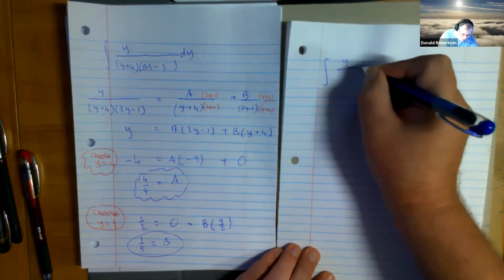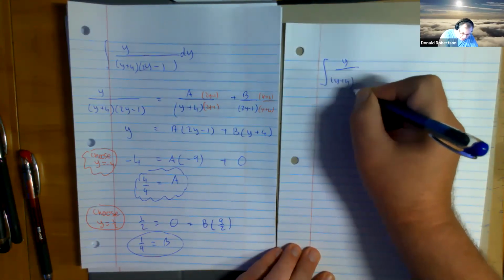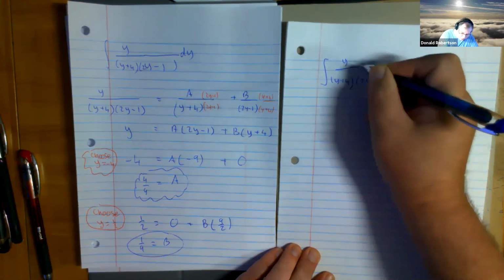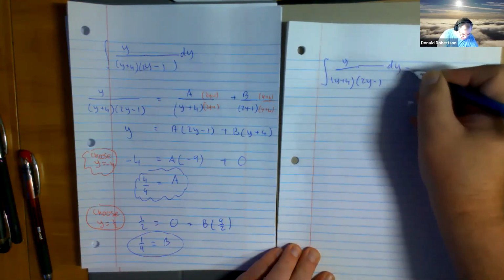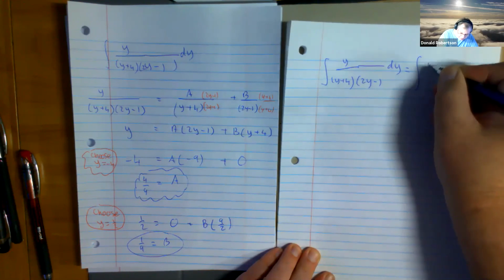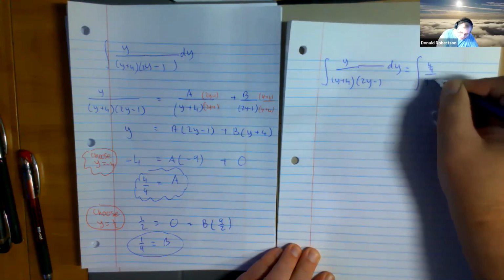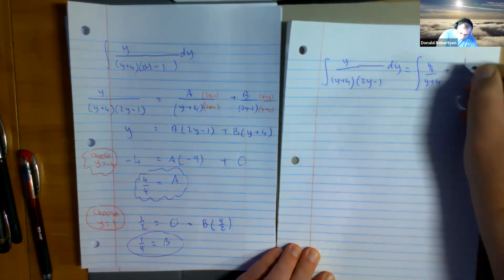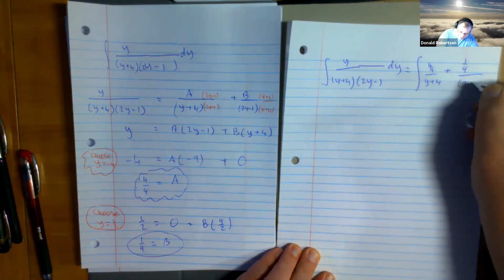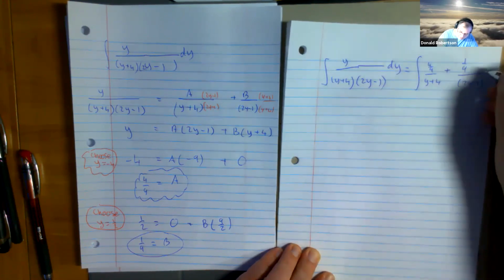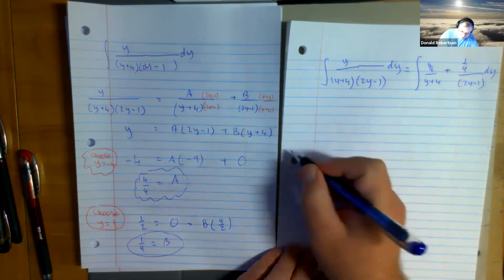So you have y over y plus 4, 2y take away 1 dy. And we now know it splits out as 4/9 of this guy plus 1/9 of the other guy dy. Yep.